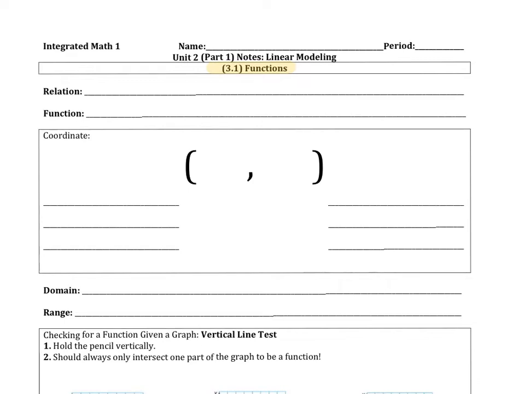All right. So before we get into what a function is, let's talk about a relation. A relation is something that pairs inputs with outputs. Okay? And a function is a special type of relation where every input can be paired with exactly one output.